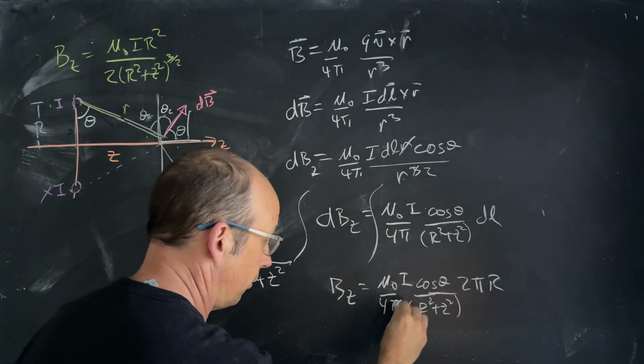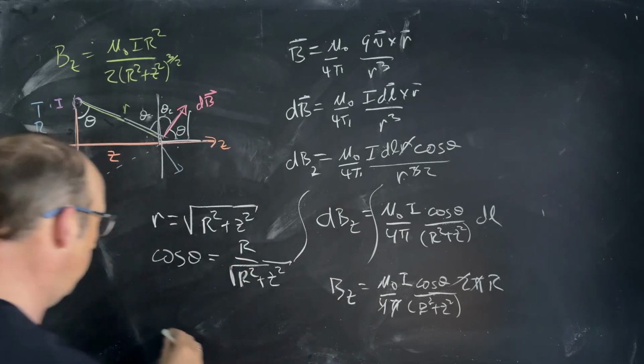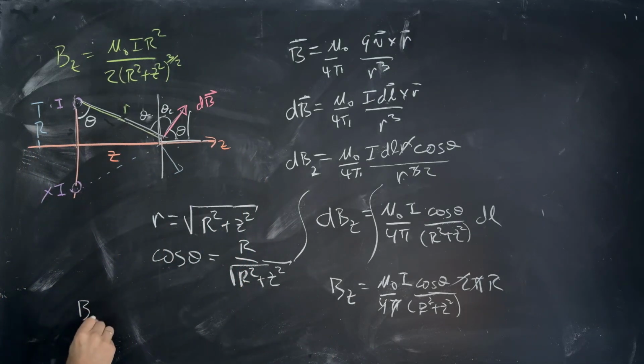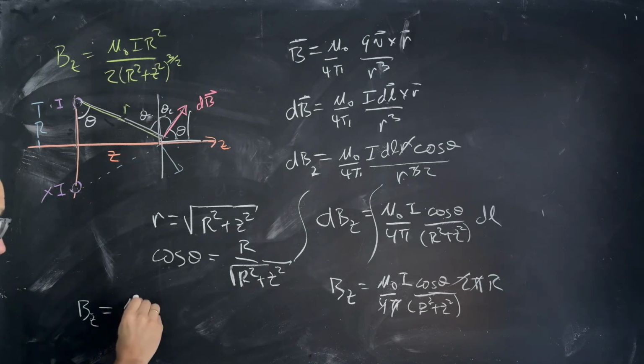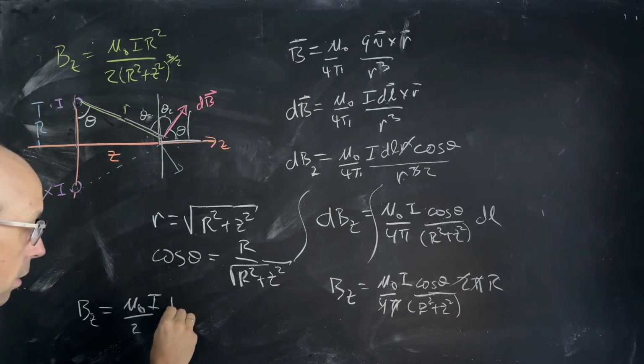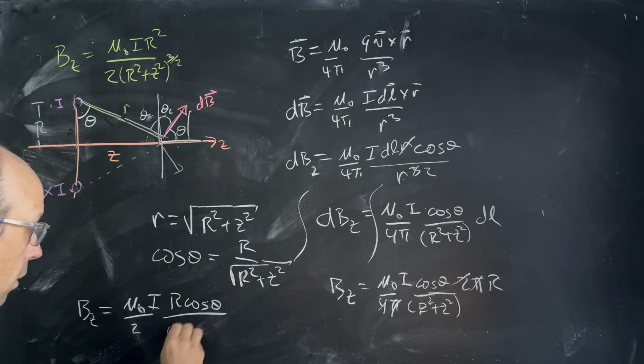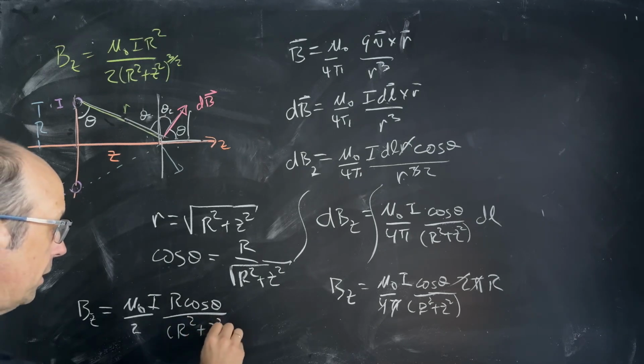So this cancels, that cancels, and I get Bz is equal to mu naught I over 2 r cosine theta over r squared plus z squared.